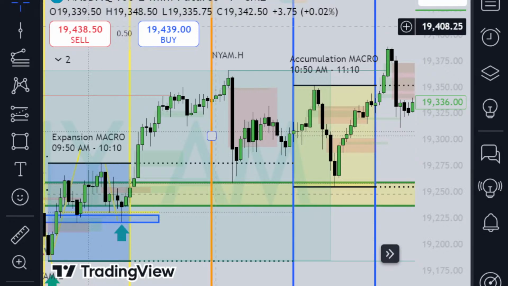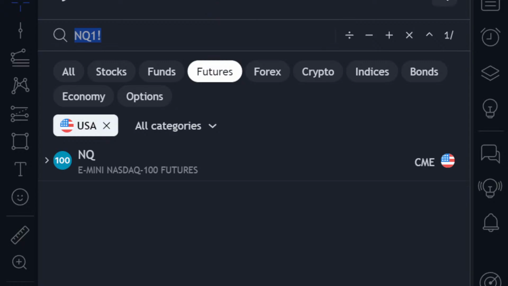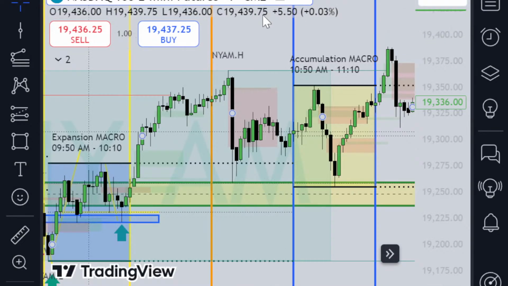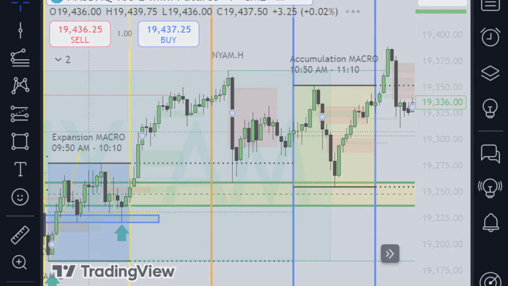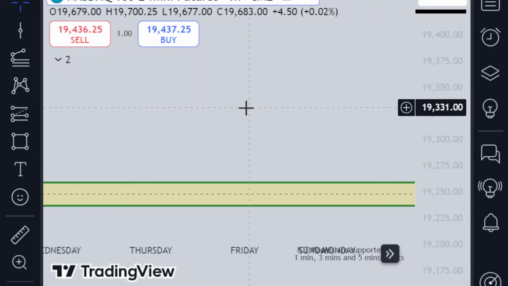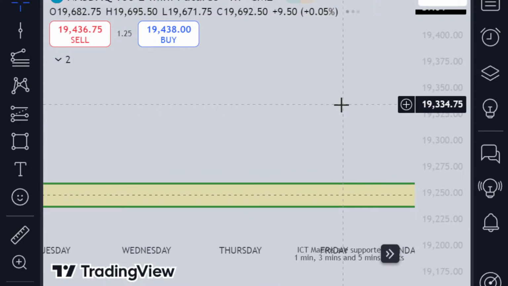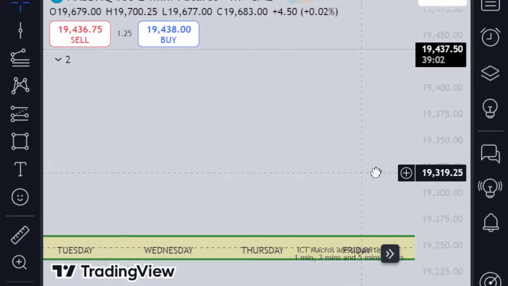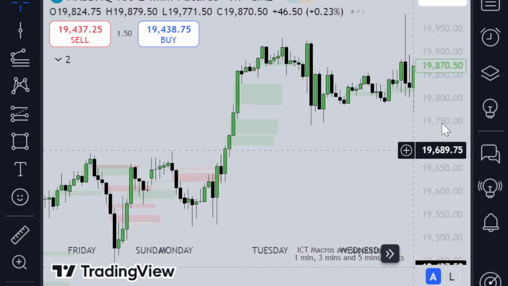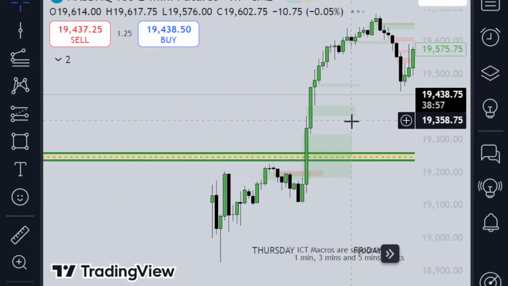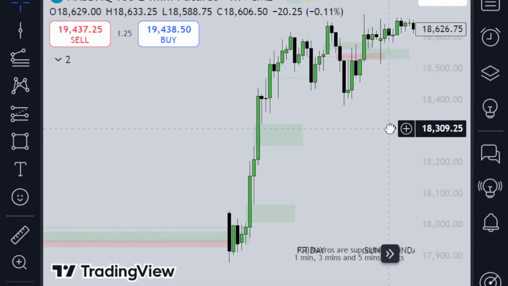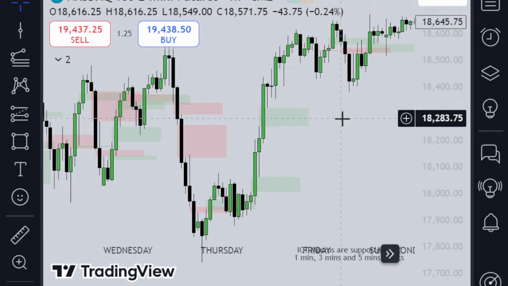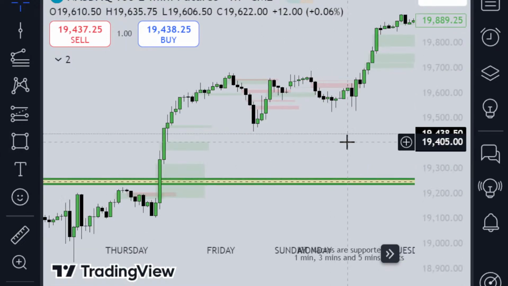So if that one forms the low of the New York session, you should be in that trade technically all day, or at least until lunchtime. So if you get an entry in that macro, 9:50 to 10:10, just drop a line there and switch to the 1 hour chart or the 4 hour chart, you get in on the wick. So as long as any other candle in between 10 and 2 doesn't take out that high or low, you should be in that trade until you hit your target.